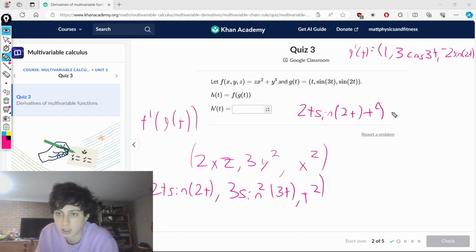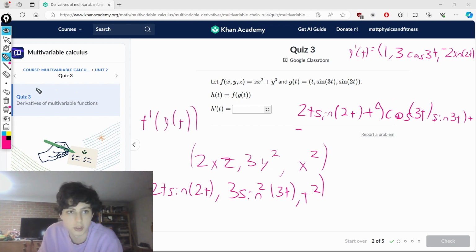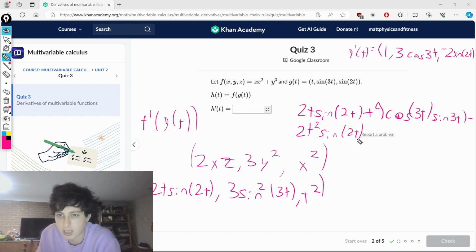Plus our last term, t squared, negative 2 sine 2t. Can we turn that into a subtraction sign? We can. Minus 2t squared sine 2t.